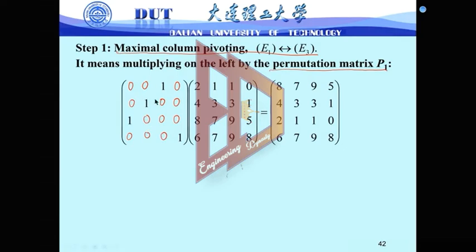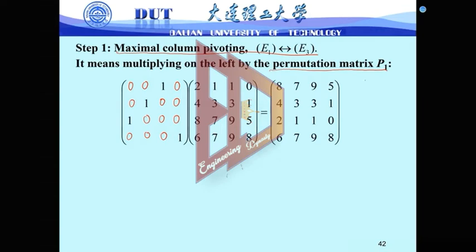Clear? And how do we obtain this matrix? Because it is called a permutation matrix, right? That means we also interchange the first row with the third row on the identity matrix. Are you clear?